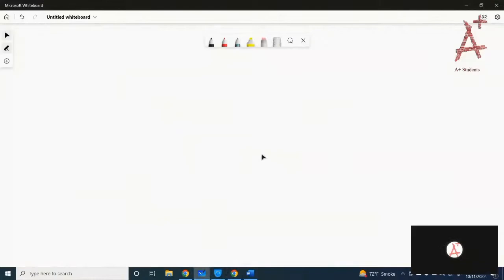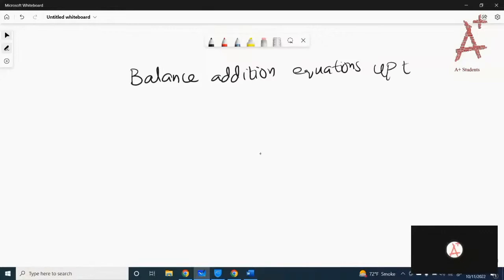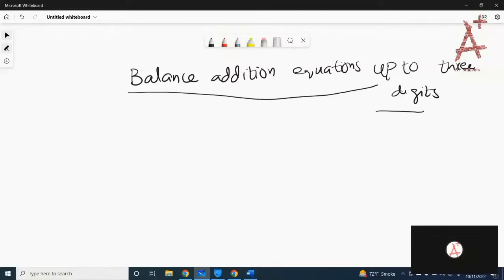Balance addition equations up to 3 digits. Okay, let's start with an example. Let me write it down on the board and then I'll explain.